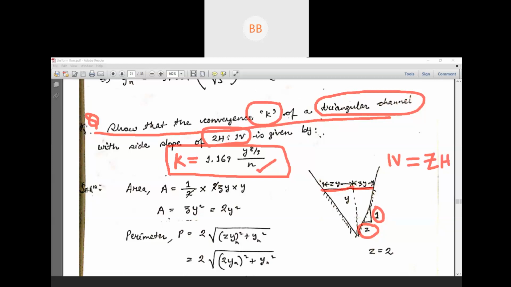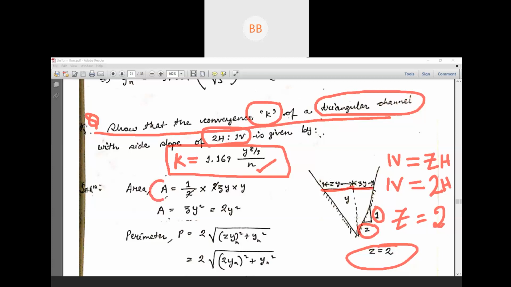What is given is 1 vertical is equal to 2 horizontal in the question. So from here you can say our z is equal to 2. In place of z we can directly substitute 2.